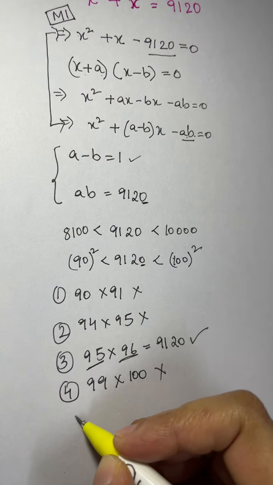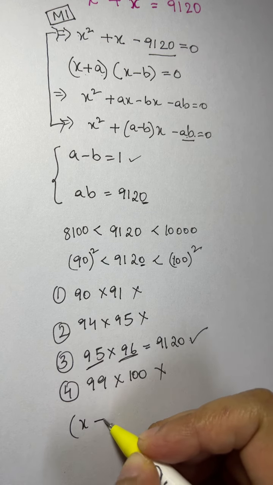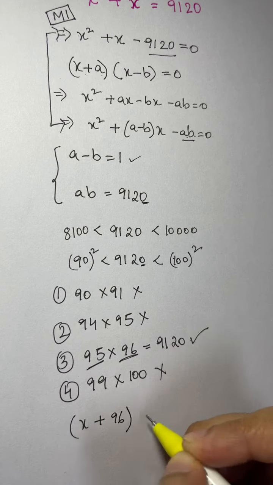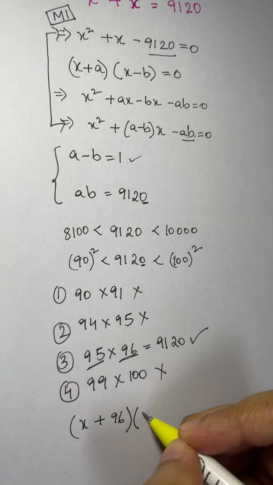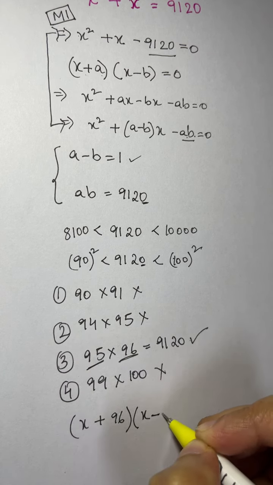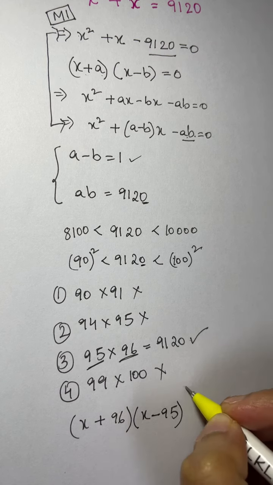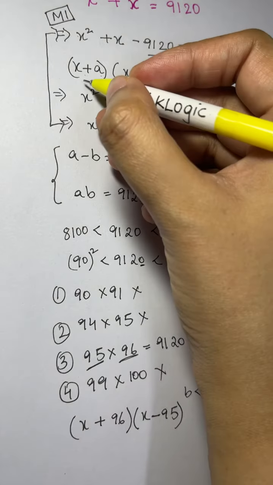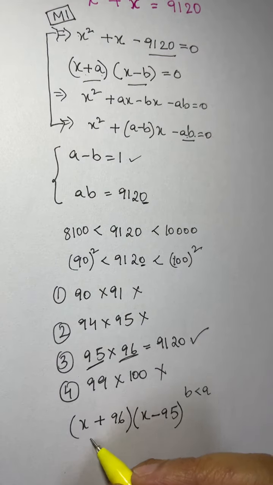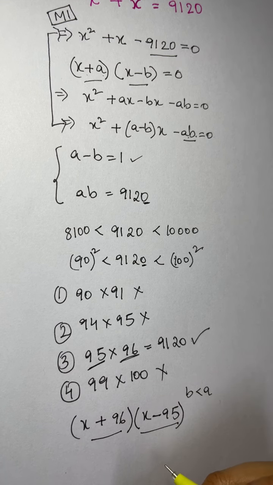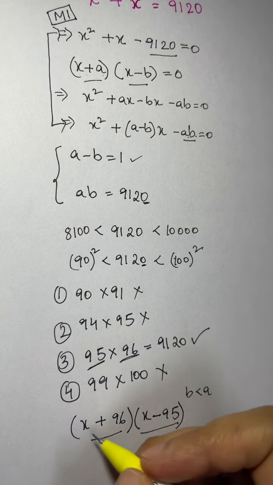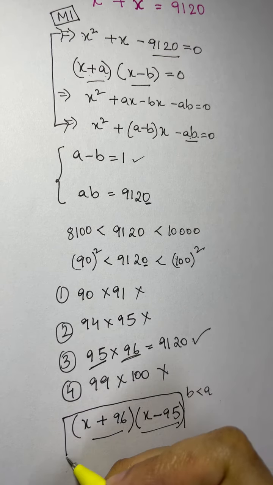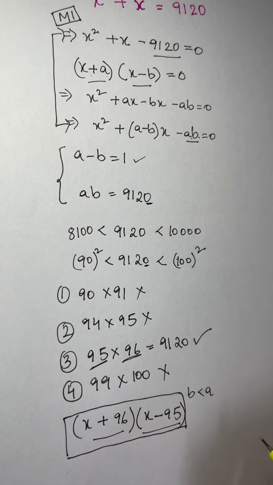So I write x plus 96 as a, the bigger number, and x minus 95, because b is less than a. This is how you get the factors using the first method.